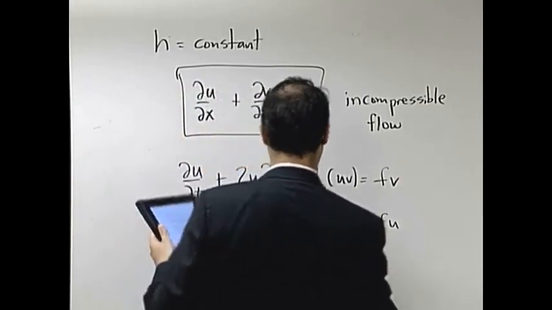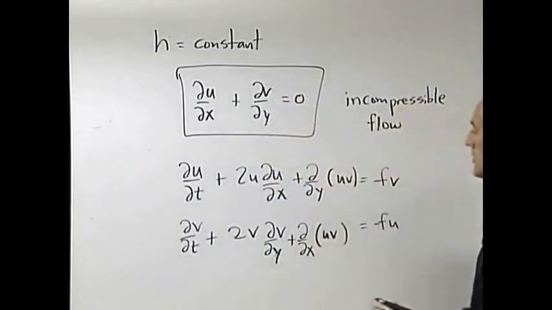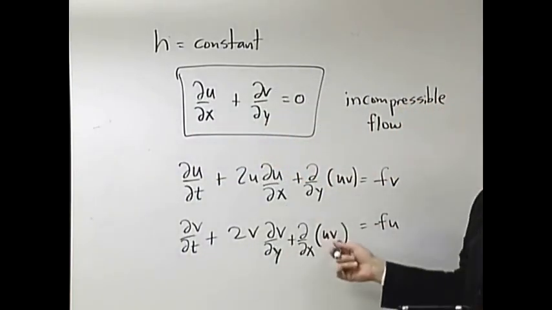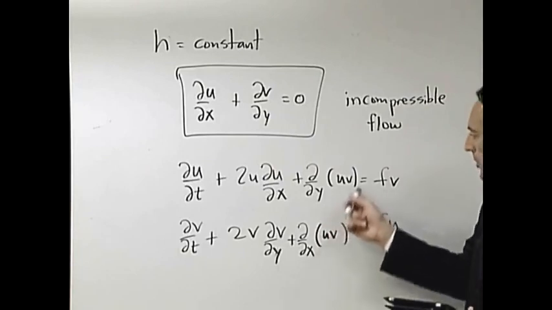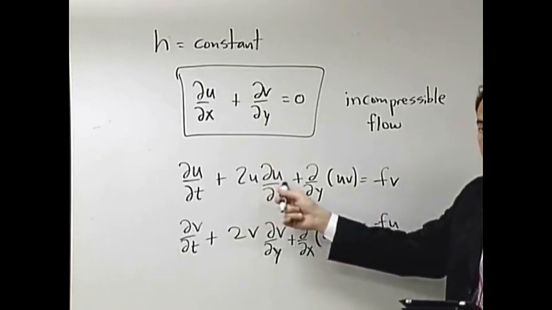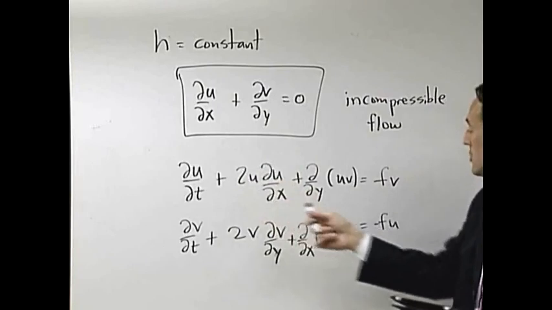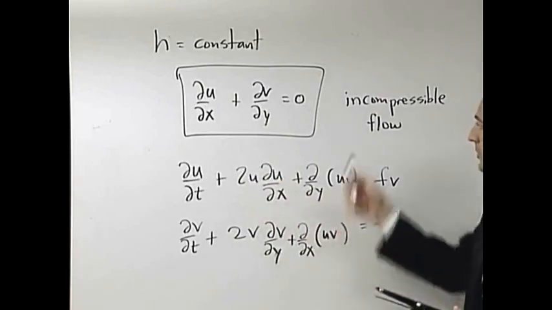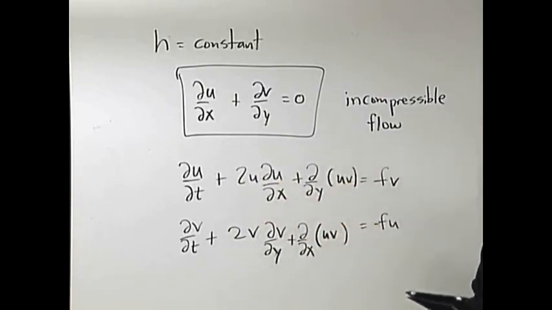Now notice, these are still a little bit more complicated. They're nonlinear. Notice how u and v couple here, how you have u du dx here. So this is like a quadratic type term here, here, and so forth. And so it's still a fairly complicated system, even in this case.